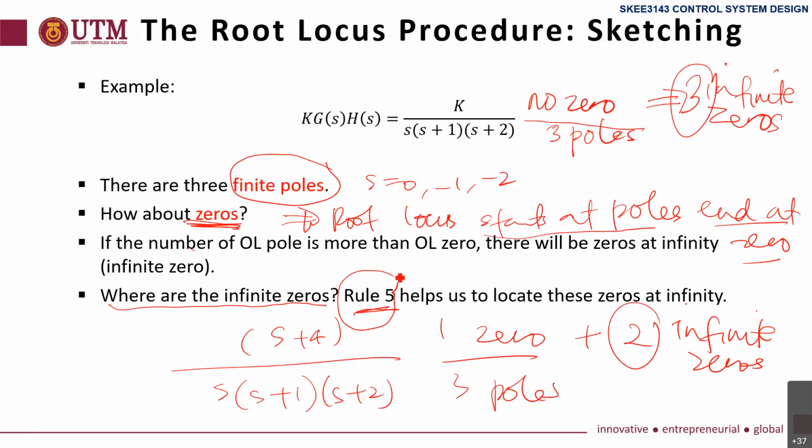Rule number 5 will help us to locate the infinite zeros. They are actually at infinity.